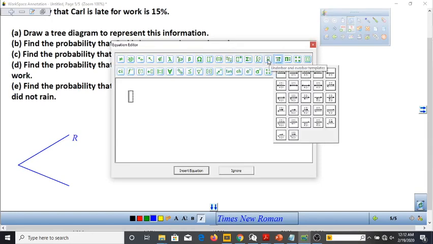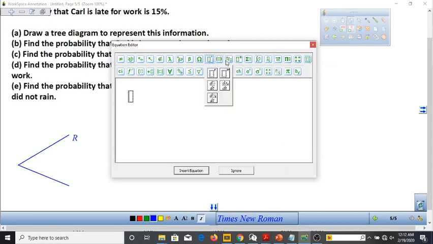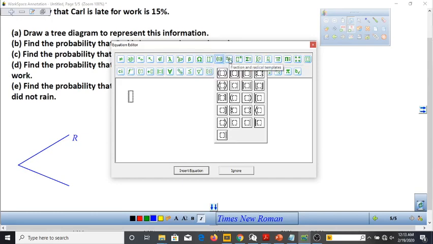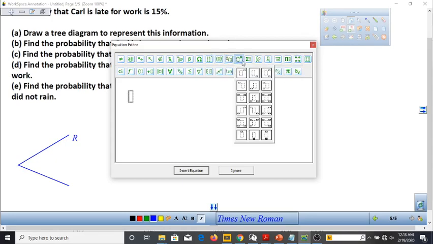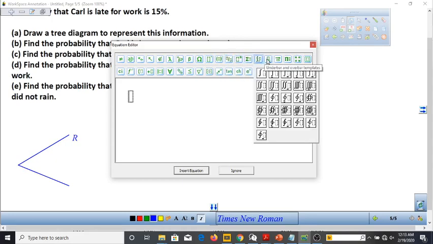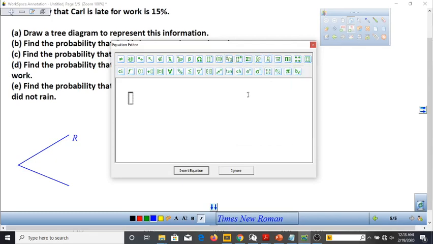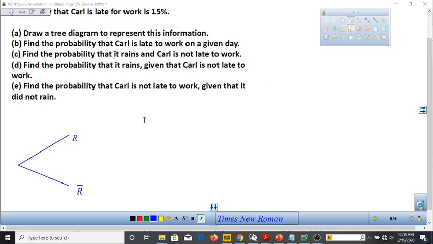If not, I'll just switch it to another symbol for ease, since I don't want to spend the time searching for symbols here. There we go. So either it's R or it is the complement of R, not R.